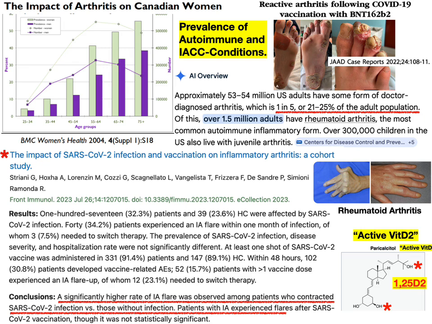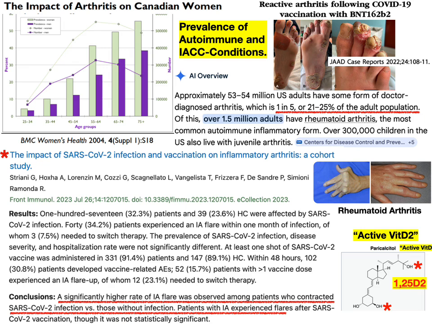The prevalence of SARS-CoV-2 infection, disease severity, and hospitalization rate were not significantly different. At least one shot of SARS-CoV-2 vaccine was administered in 331 patients and in 147 healthy controls.